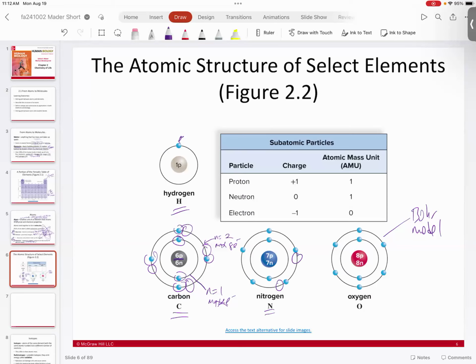And oxygen has 6, so it has 2 electrons in the inner shell and 6 in the outer shell, so it has room for 2 more.